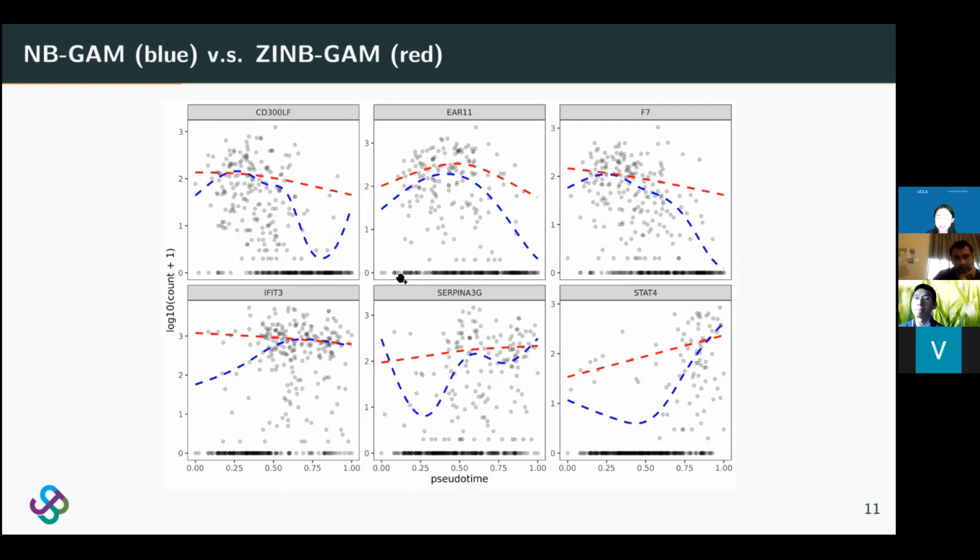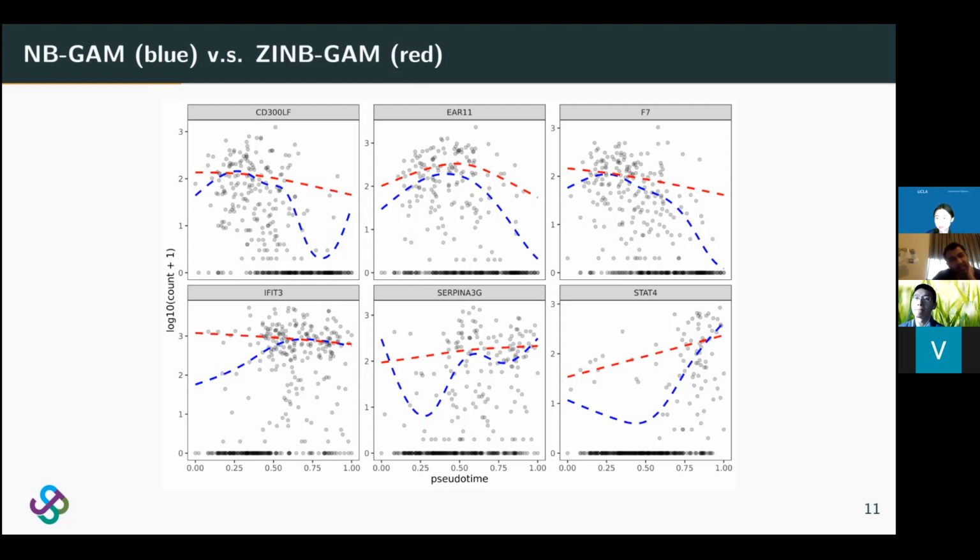But if they think some of the zeros are totally meaningless and they don't want to trust the zeros, then they could use the ZINB-GAM. We leave this as a subjective choice, because in the field there's still a very intense debate about whether zero inflation is something biological or just technical artifacts.